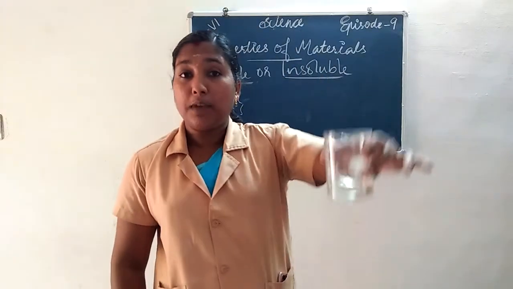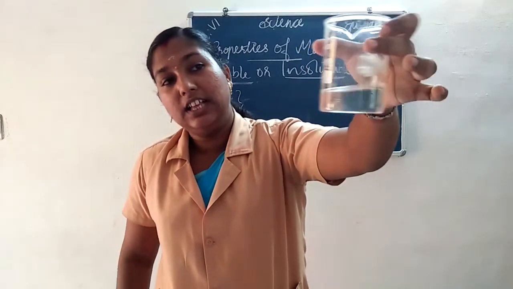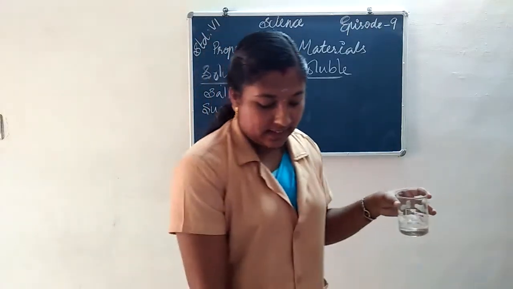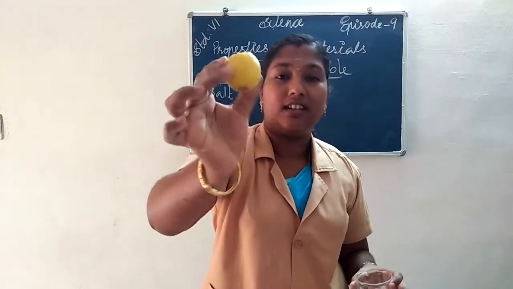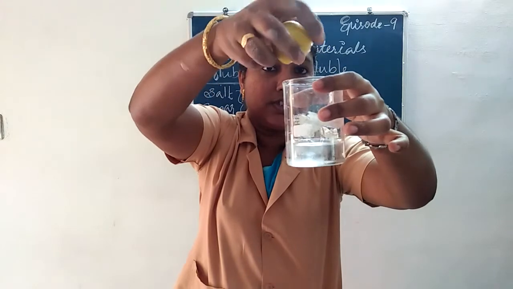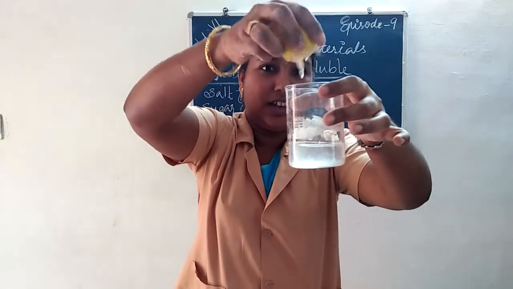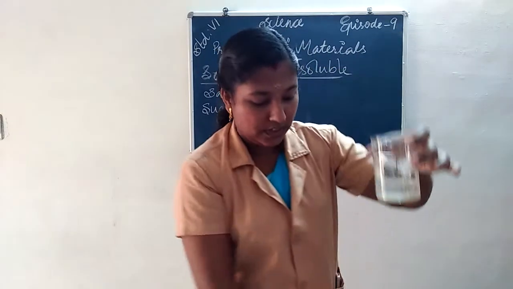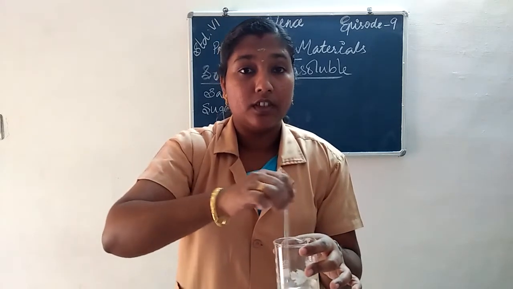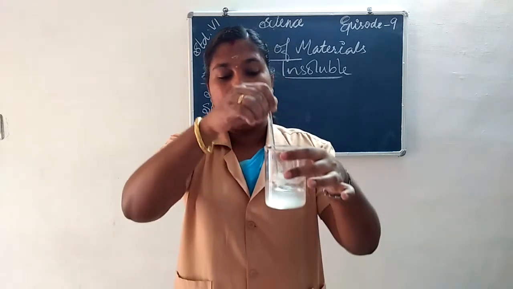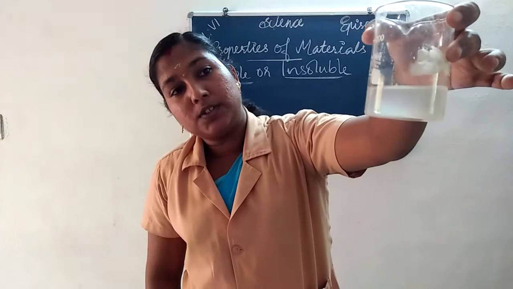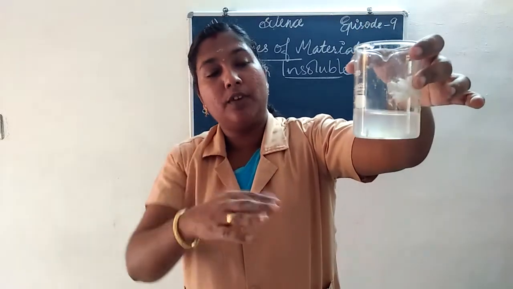Next I take another beaker and take some water into the beaker. What is this? It's a lemon. Then I add some drops of lemon juice into the water and mix well. Can you observe lemon juice separate from water?